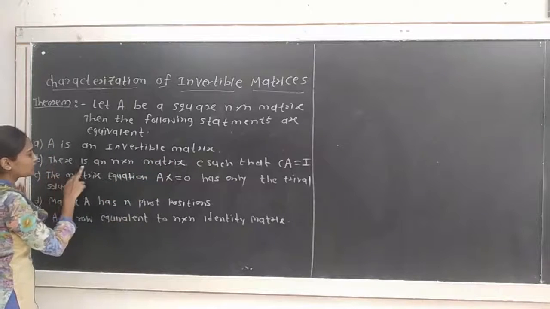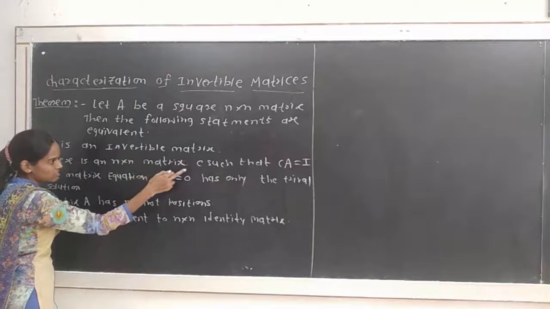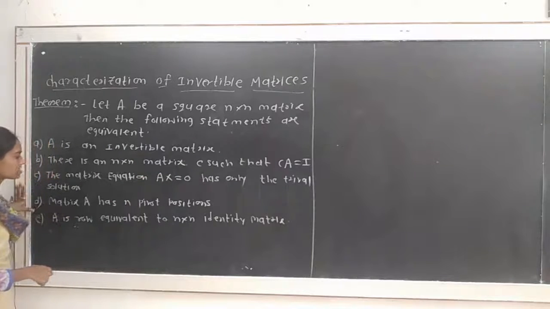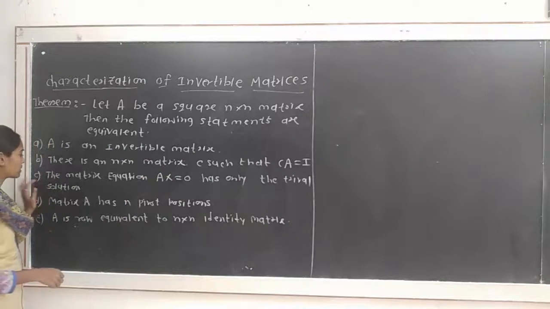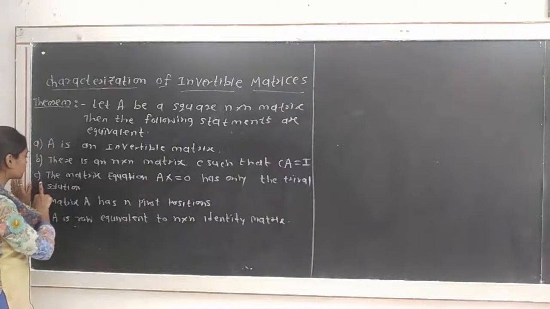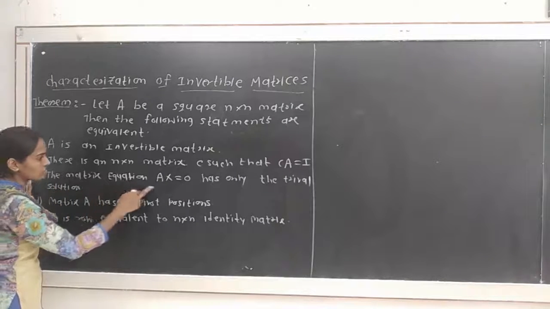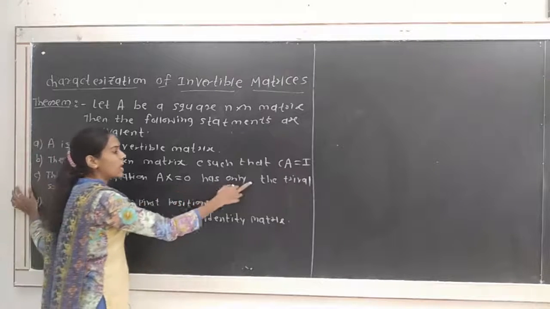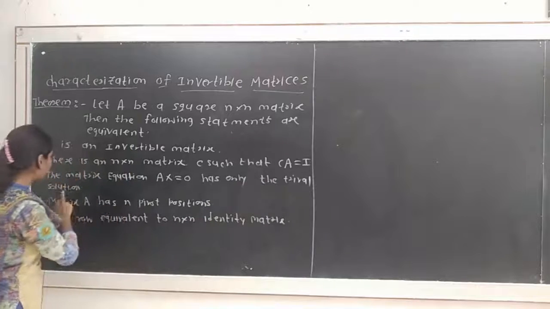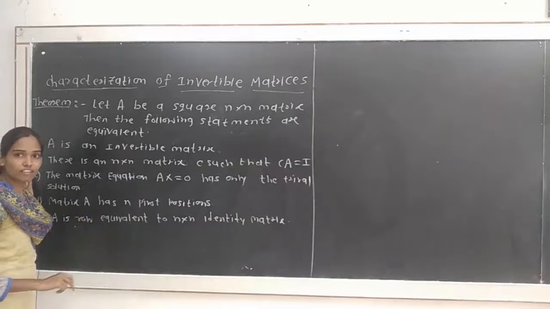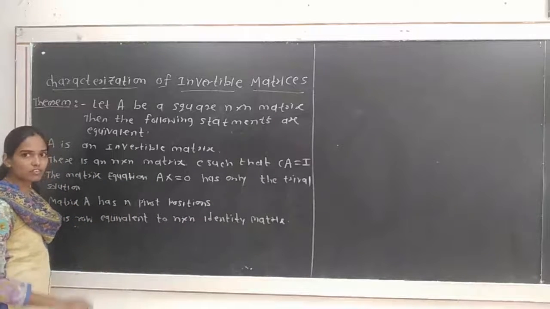Statement B: there is an n cross n matrix C such that C into A is equal to I, the identity matrix. Statement C: the matrix equation Ax is equal to 0 has only the trivial solution, that is x is equal to 0.